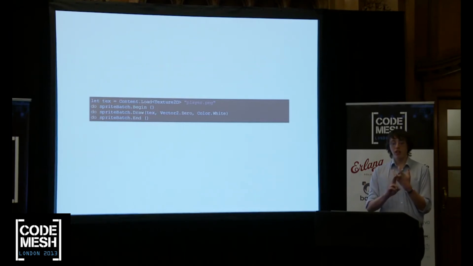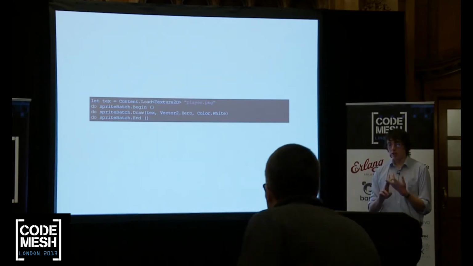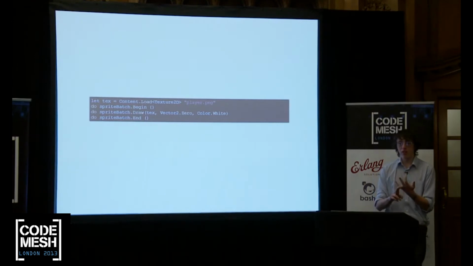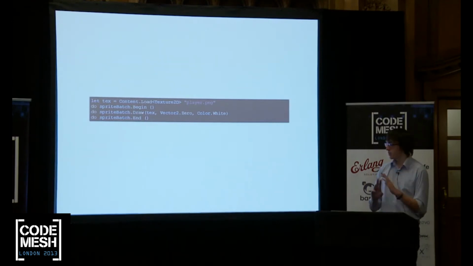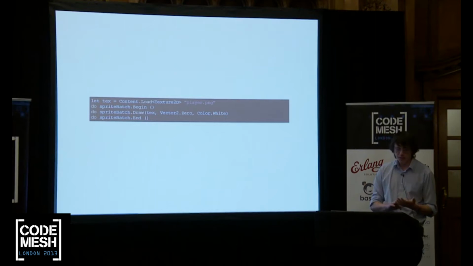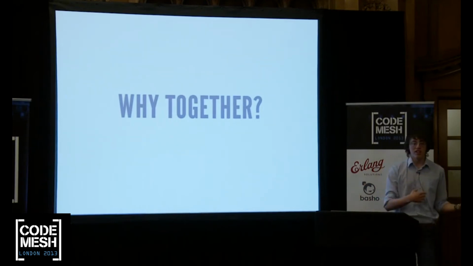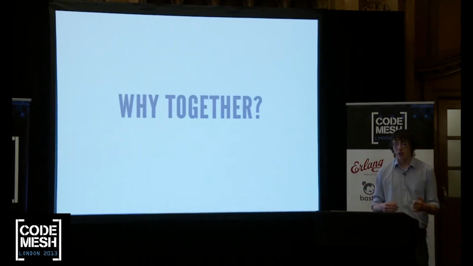Unity, if you like being stuck in .NET 2 and 3.5 land, which I don't. And, well, I've just heard of another one called Duality, which is supposed to be nice, but I've not used it, so can't comment on it. And XNA. So why put F Sharp with XNA, or in this case, Monogame?